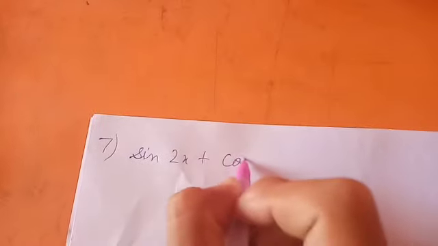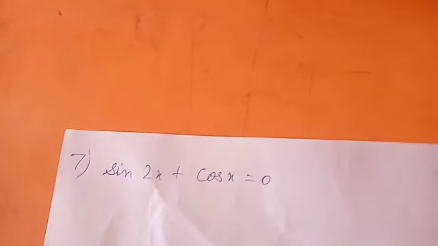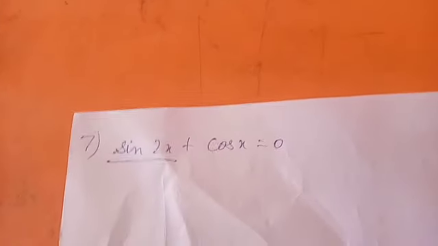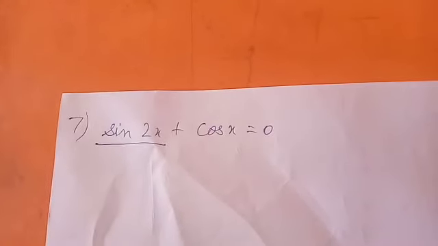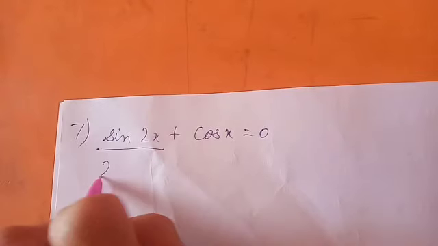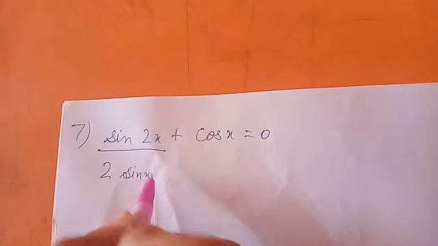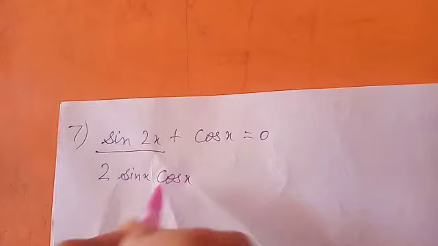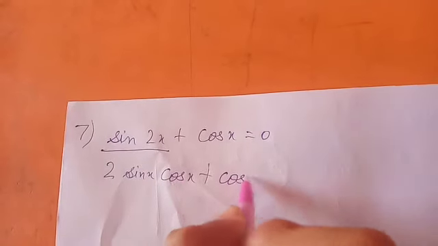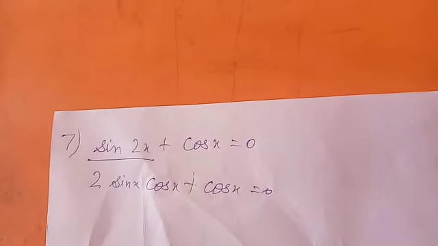Now we solve question number 7, that is sine 2x plus cos x is equal to 0. So first of all, we can use the formula of sine 2x here. Sine 2x is equal to 2 sin x cos x. So it is 2 sin x cos x plus cos x is equal to 0.